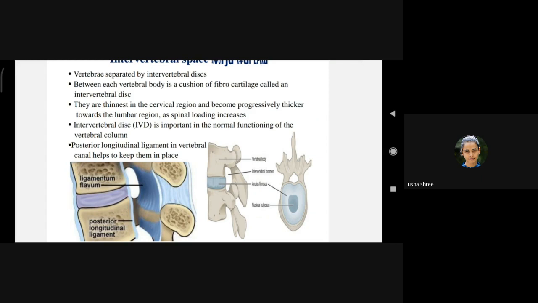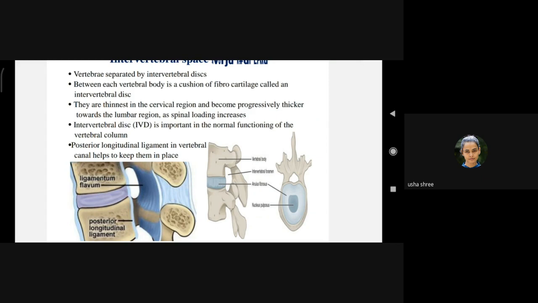So, vertebrae are separated by intervertebral discs, means in between two vertebrae, intervertebral discs are present. And we will also understand the structure of the intervertebral disc. Between each vertebral body, a cushion of fibrocartilage is called an intervertebral disc.